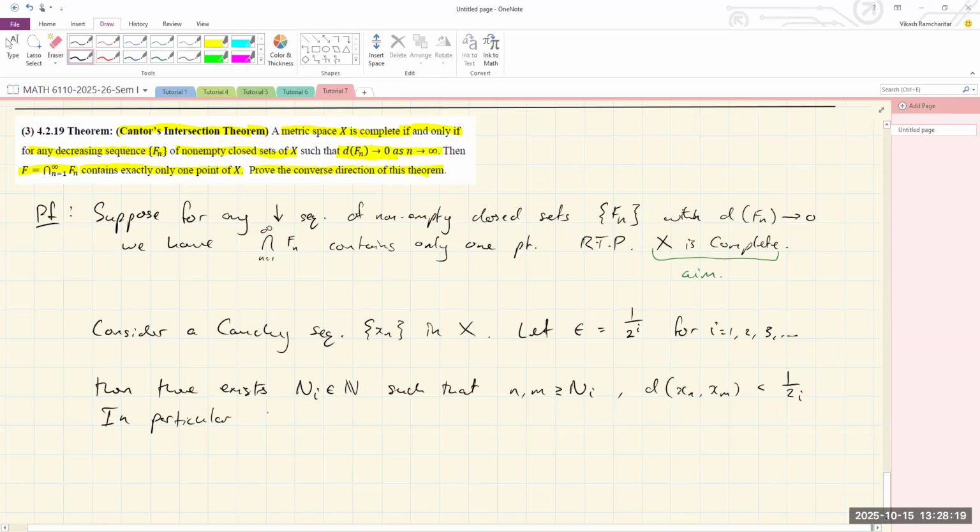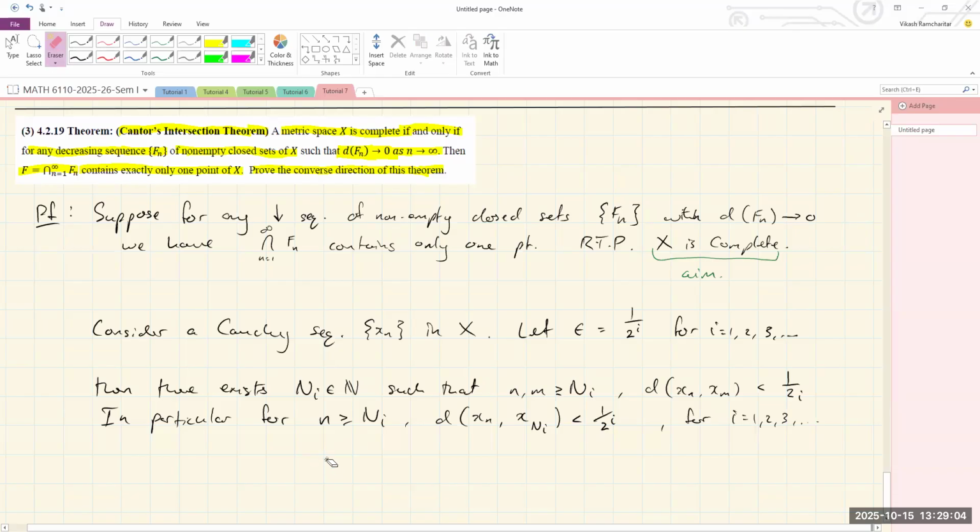In particular, for n bigger than or equal to Ni, the distance between xn and x_Ni, remember I'm fixing the index m as Ni, is less than 1 over 2 to the i. And of course, this holds for i equal 1, 2, 3, and so on. So I have a bunch of these Ni's and a bunch of these epsilons, and I get a bunch of distances or a bunch of these points.